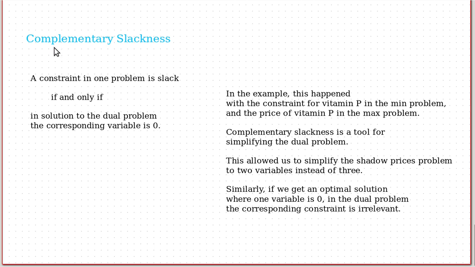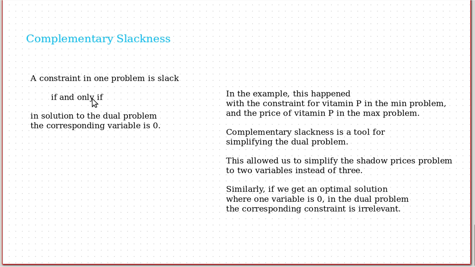So this concept is called complementary slackness. It says that a constraint is slack in one problem if and only if the corresponding variable is 0 in the solution to the dual problem. Right? And vice versa. I said if and only if, but it means that if you have a variable equal to 0 in one problem, then the corresponding constraint will be slack in the other problem.